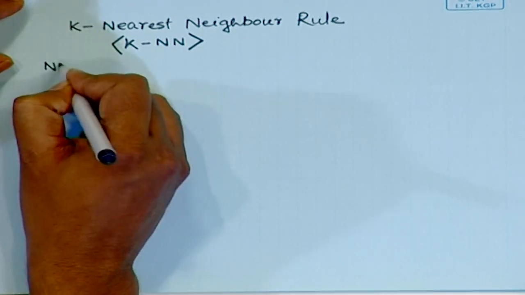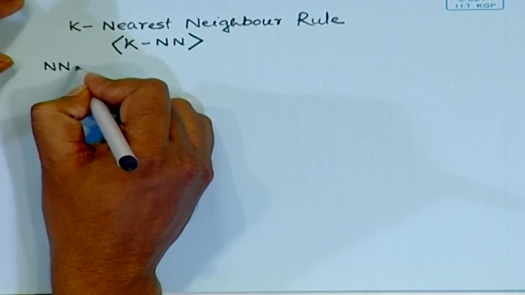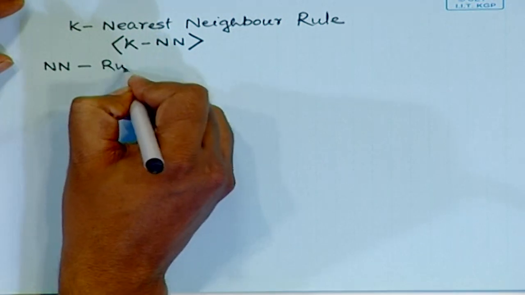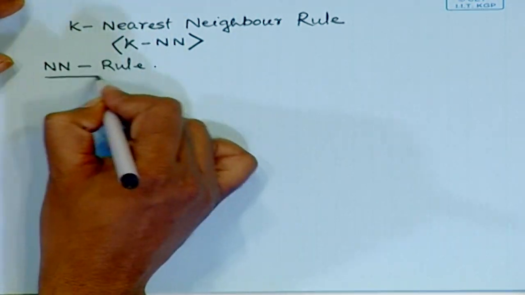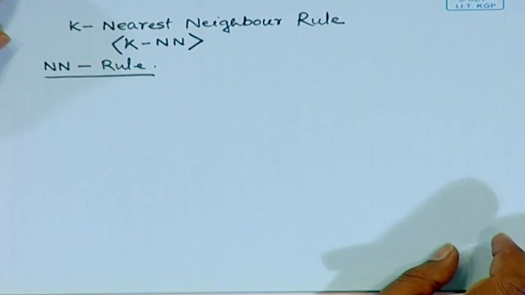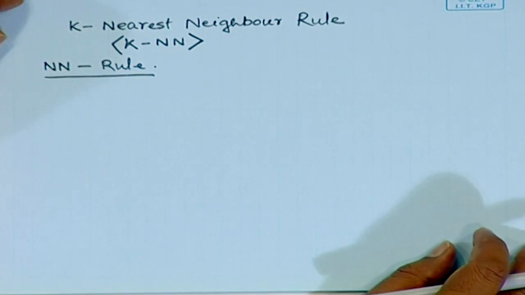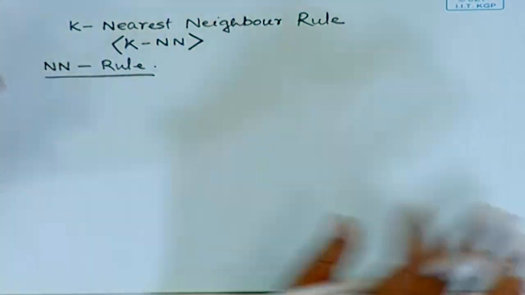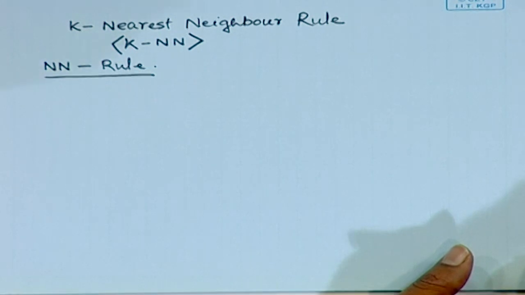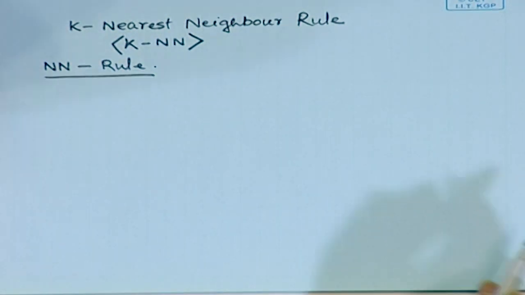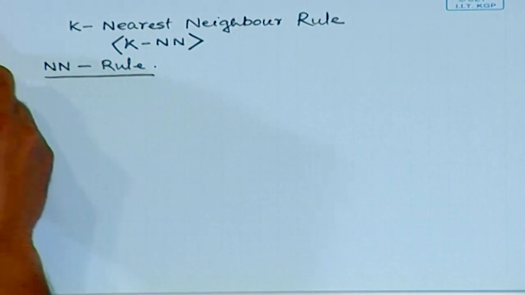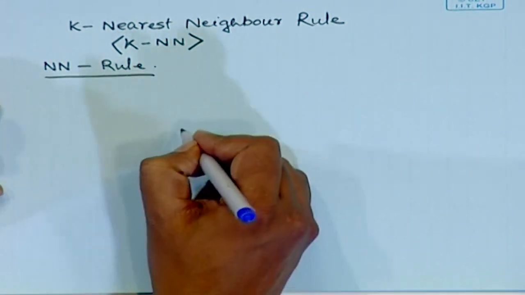Okay. Now, following this, if I go for simply the nearest neighbor rule, I should be able to find out the decision boundary between different classes. So, let us take a very simple example, something like this. Say I have a number of samples.